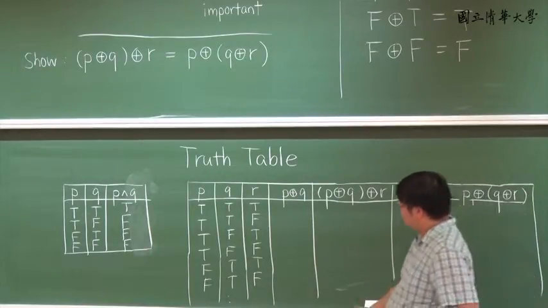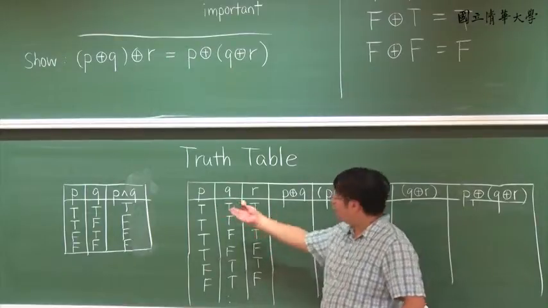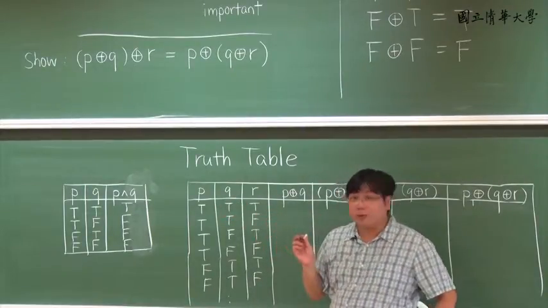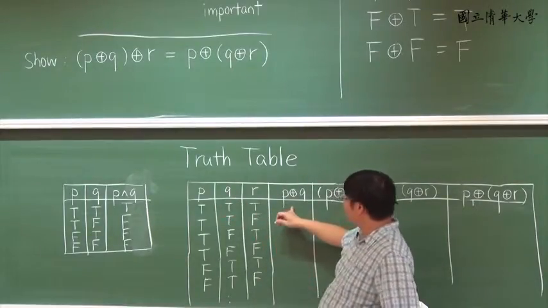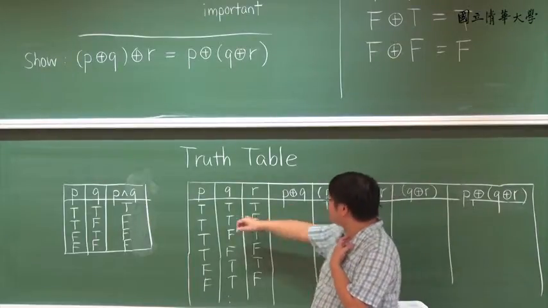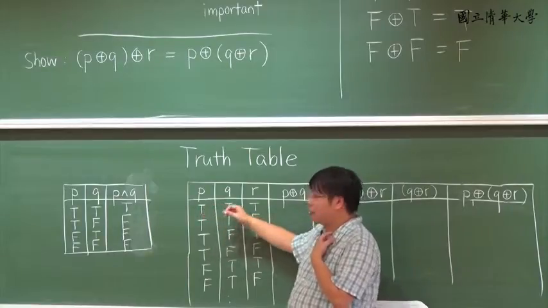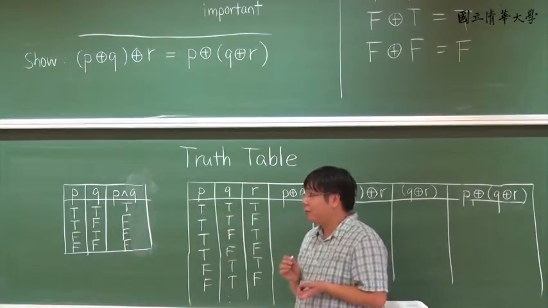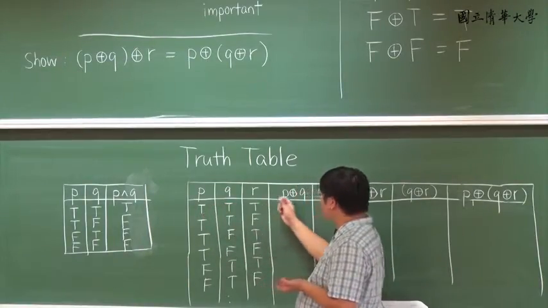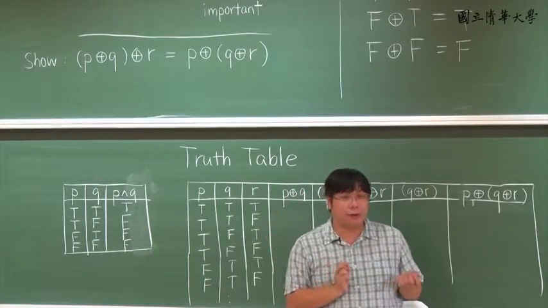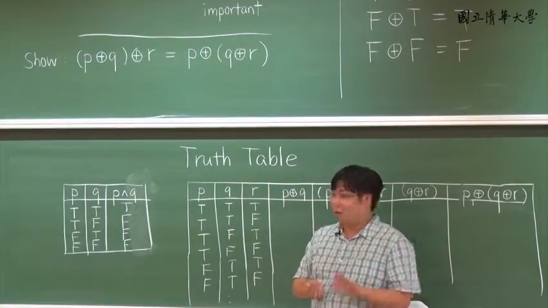Now it remains to fill in the entries here. So here, what should I do? The first row represents the case when P, Q, R are all true. So we know that these are true, so how about P exclusive or Q? What should it be? False, very good.